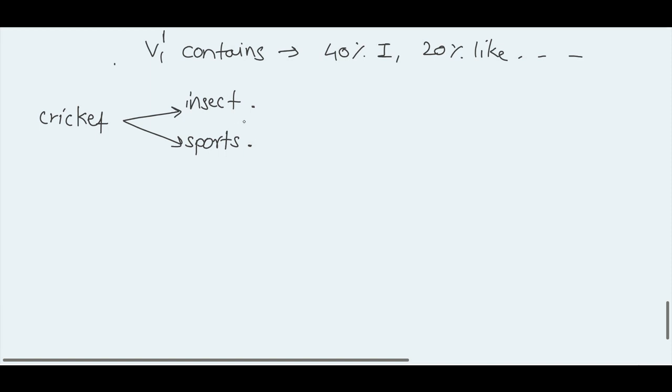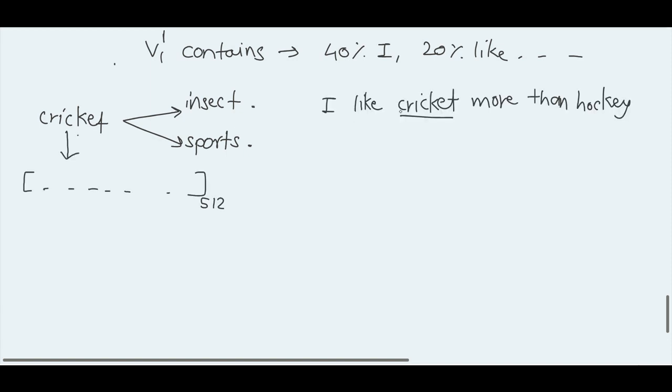So we get two different meanings from the same word cricket, and the same happens with computers when they associate word embeddings with the word cricket. They have inside them numbers that somehow contain the information about the sport and about the insect as well.